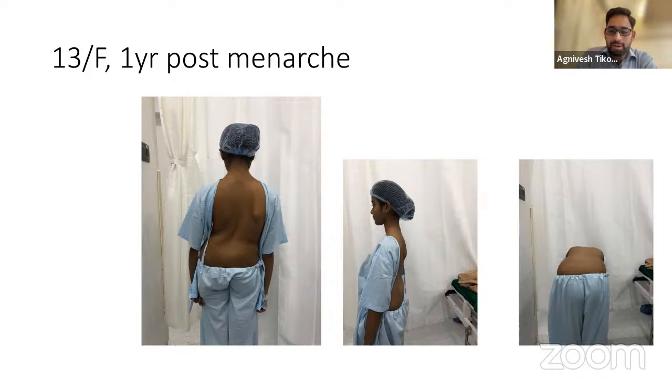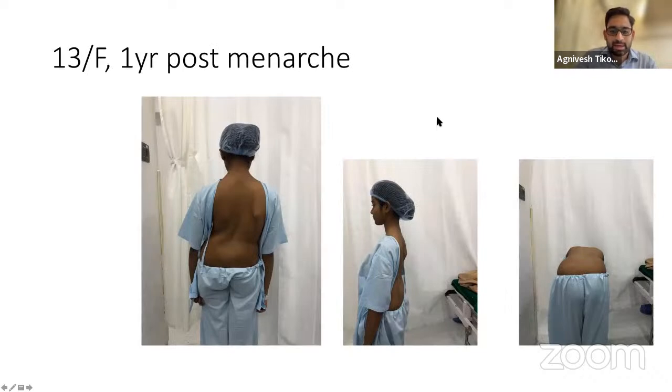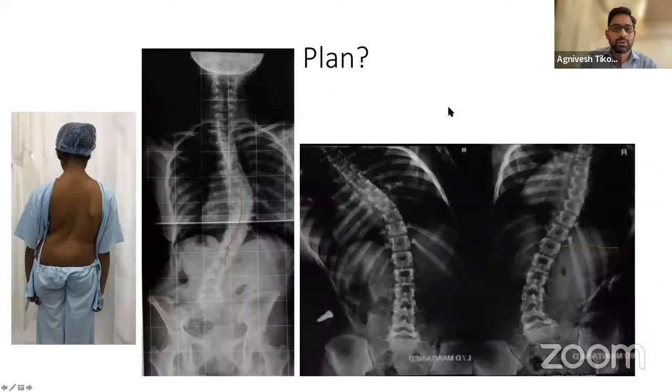As you bend forward, you see the curve in the first picture, and you see it disappearing when the patient is bending forward. You can see the hump going away. There is no hump over here when the patient is bending forward. So this is the classical Adams test to distinguish postural from structural scoliosis.